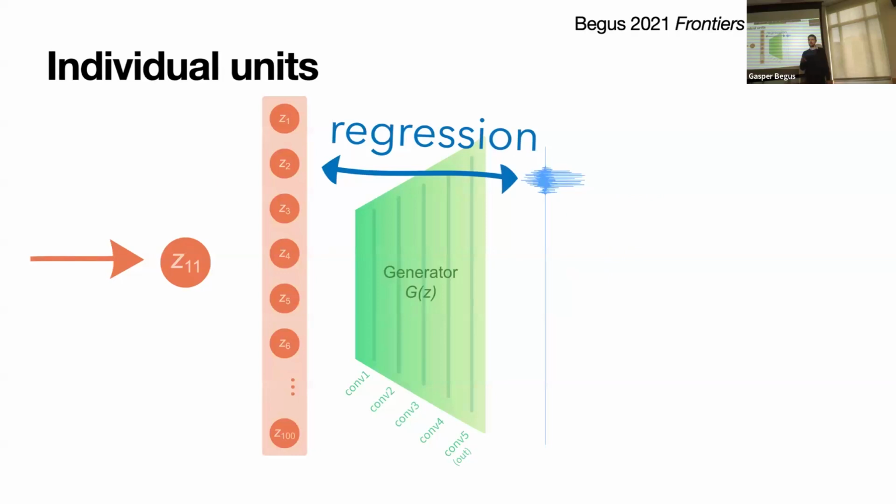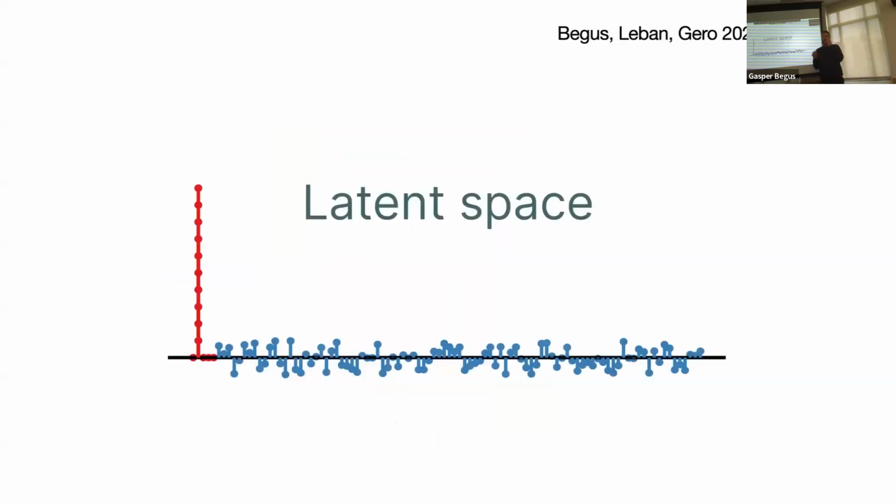And you can identify unique units in that latent space out of 100. You can identify which variables represent what. And then there's this really powerful technique where you just take the entire latent space and take a single neuron, a single variable, a single unit in that latent space out of 100 and stretch it to extreme values.